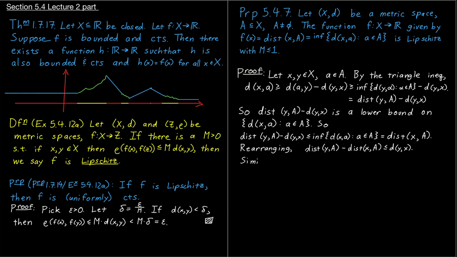And similarly, the distance from x to A minus the distance from y to A is less than or equal to the distance from x to y. So taking the absolute values, if you can bound something and its negation, then you can bound its absolute value.